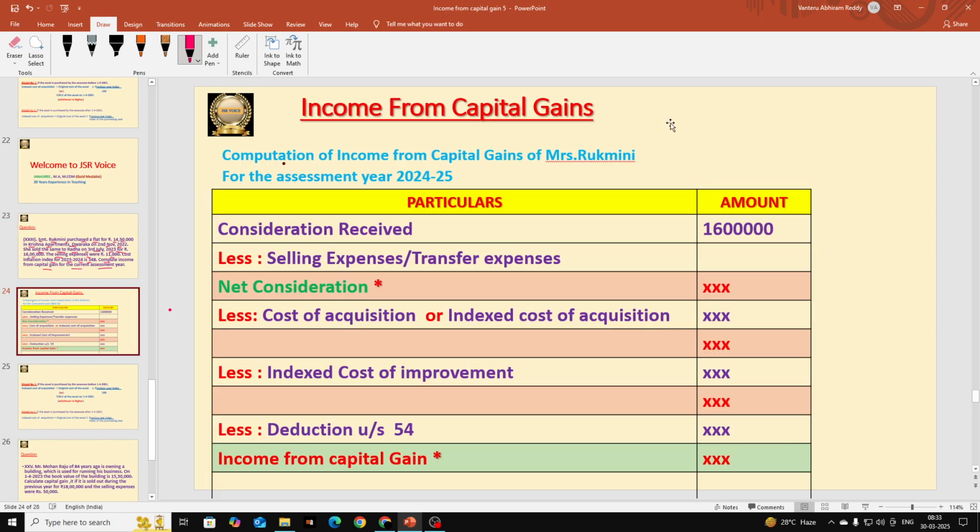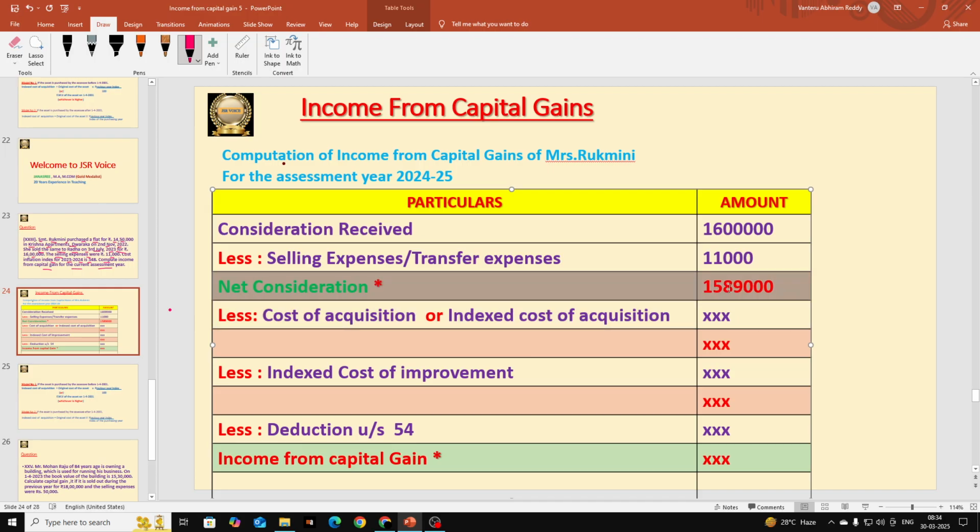Let us deduct that. If you deduct 11,000 from 16 lakhs, you will get 15 lakhs 89,000, students. We should name it as net consideration.